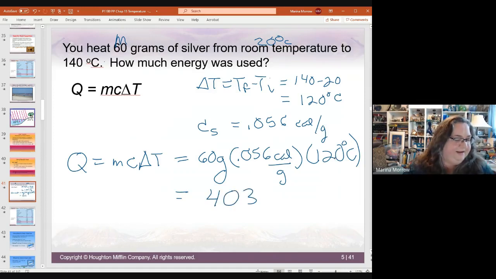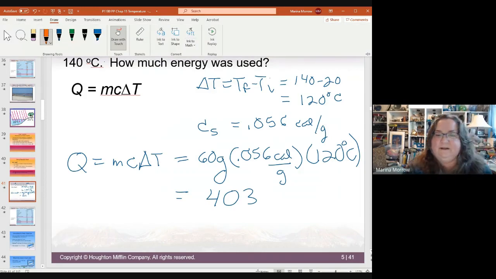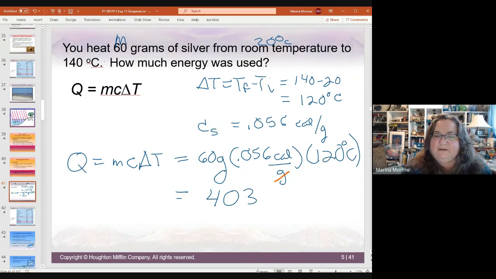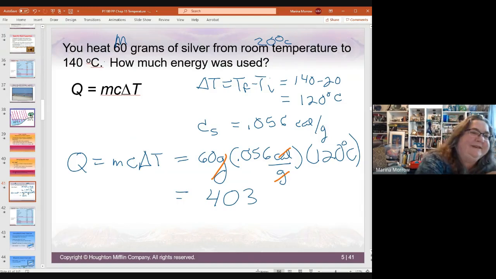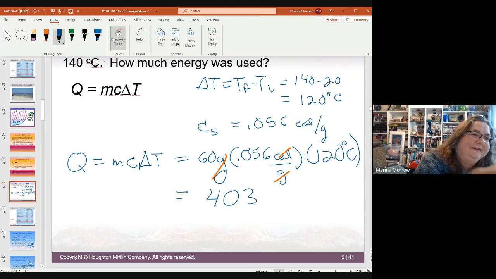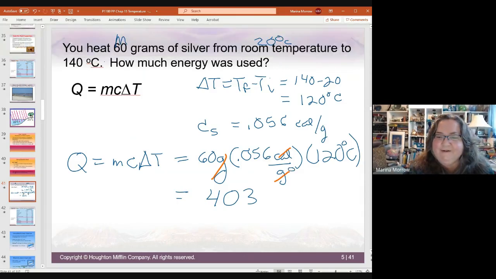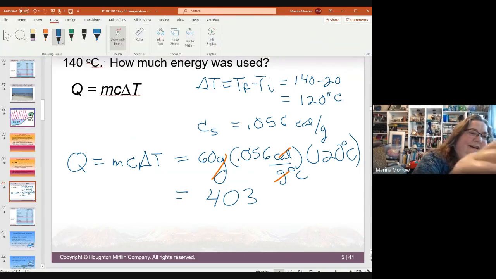Okay, 403 watts. Well, if you look at the units, grams cancels grams, calories cancels. Oh, no, calories doesn't cancel. Sorry. Oh, great. I'm missing something. I forgot my calories per gram degrees Celsius. All right.